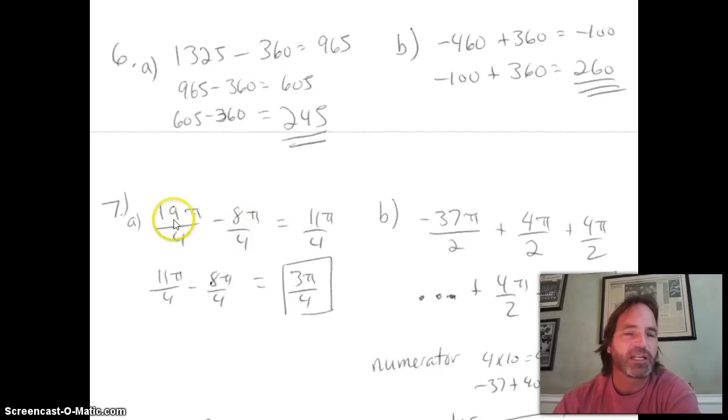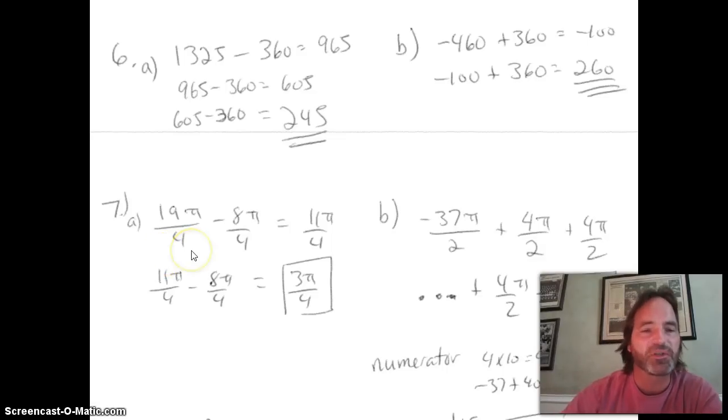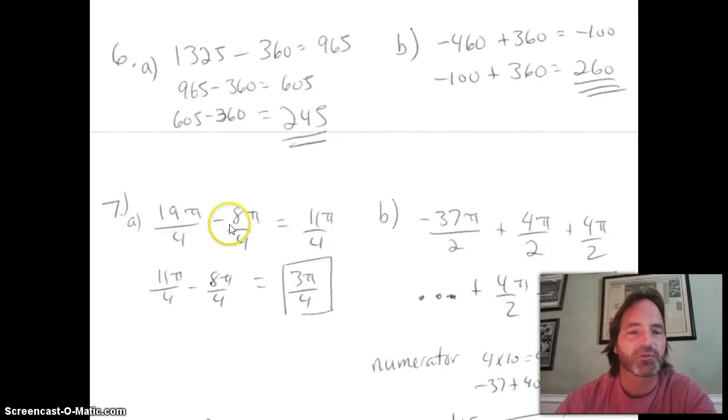I need to be between 0 and 2 pi on these problems, so I'm subtracting full revolutions of 2 pi going clockwise. Minus 8/4 gives me 11/4. That's still not between 0 and 2 pi. So 11/4 minus 8/4. Notice the denominator stays in increments of fourths, and I finally get 3/4 pi.